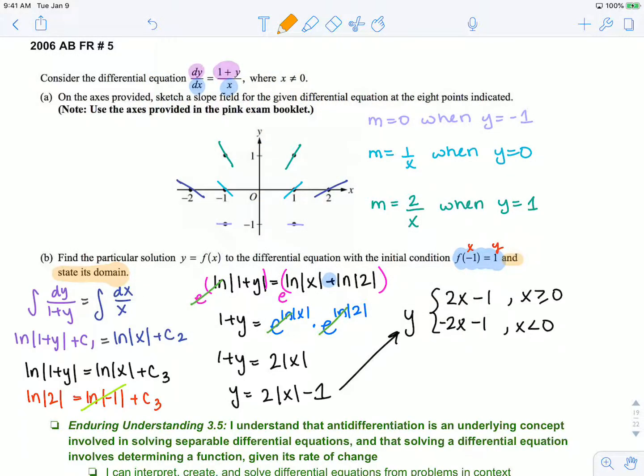We have to look at the initial condition, and we have to note that we have negative x values. So we're only going to focus on the bottom piece, y equals -2x minus 1 for when x is less than 0. We might want to cancel out the other piece to show that we're only focusing on the bottom piece where x values are negative, because our initial condition came from a negative x value.